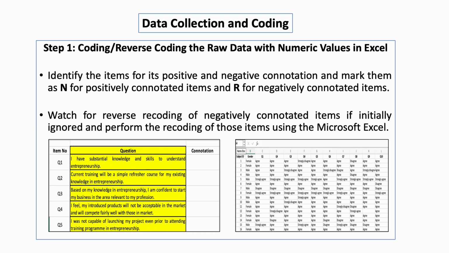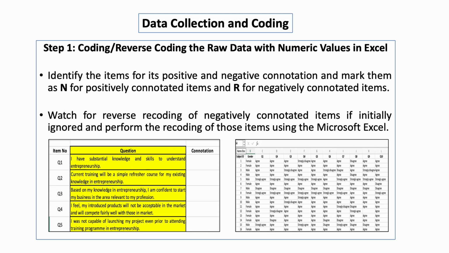Why? Because if it is negatively connotated, then fully agreed would be 1 instead of 4. Normally we have fully agreed as 4, agreed 3, disagreed 2, and completely disagreed 1. But if items are negatively connotated, then you should take care when converting into numerics.